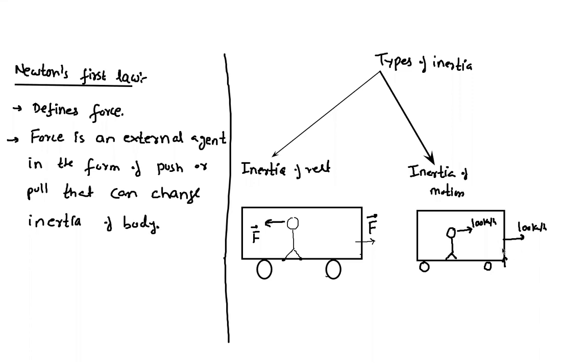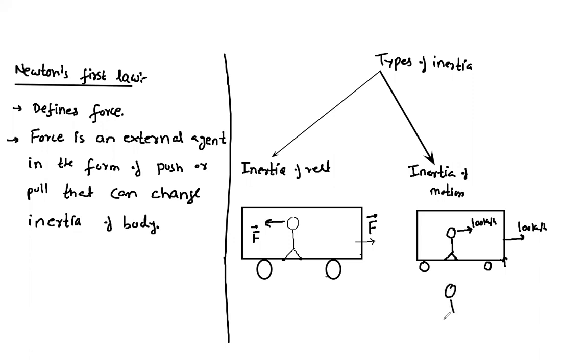So when the driver applies the brake on the car, he's applying some external force over the car. That force will force the car to come at rest, to overcome its inertia of motion. That force through the floor of the bus acts on the feet of the man, so the feet experience the same force and come at rest. But there is no direct force over the upper part of the body, so it will try to maintain its inertia of motion and move at the speed of 100 km per hour.